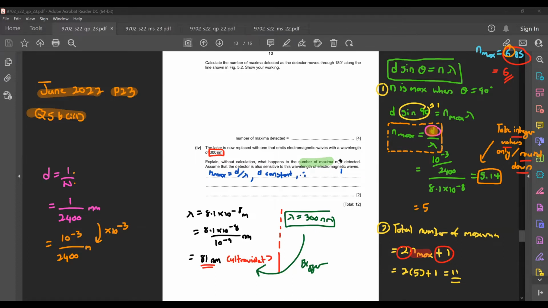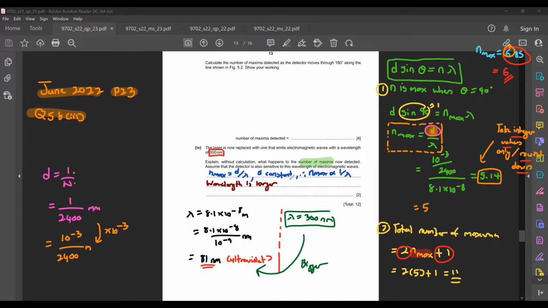So in my case, I can say that n max is inversely proportional to my wavelength. From there, I can say that the wavelength is larger now when I change it to a new wavelength.